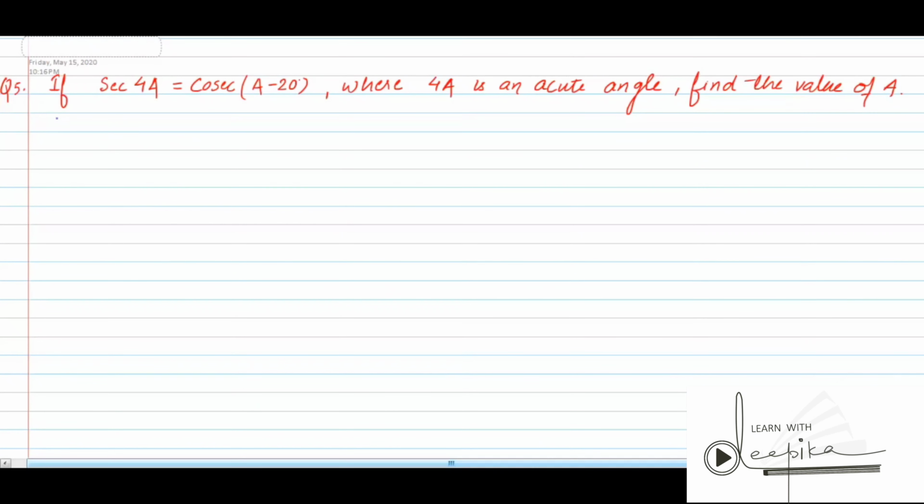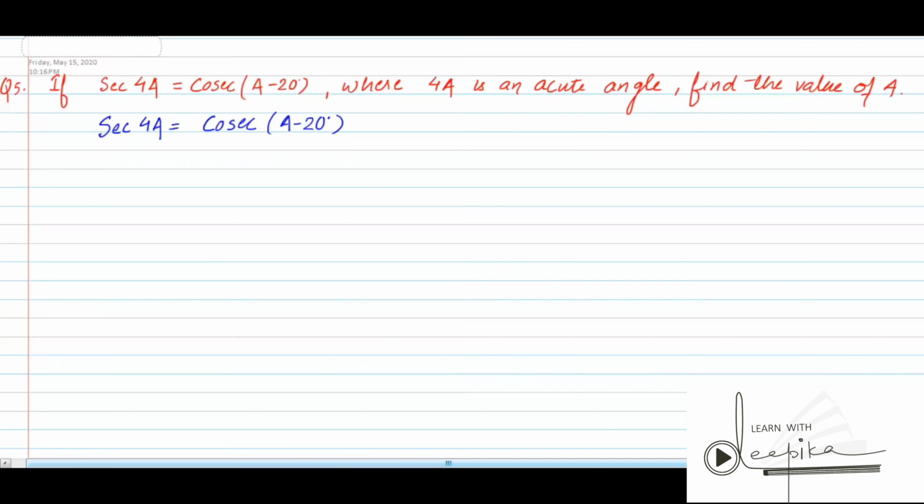Question number 5 is, if sec 4A is equals to cosec A minus 20 degree, where 4A is an acute angle, then find the value of A. Sec 4A is equals to cosec A minus 20 degree. This is given to us. Now either you can convert secant in the form of cosec or cosec in the form of sec.